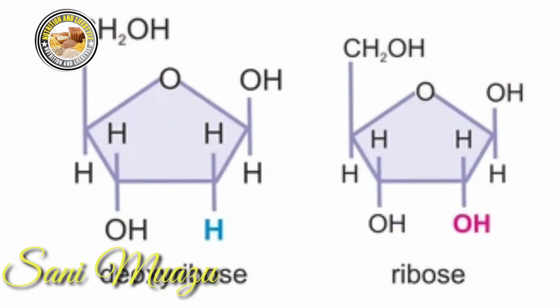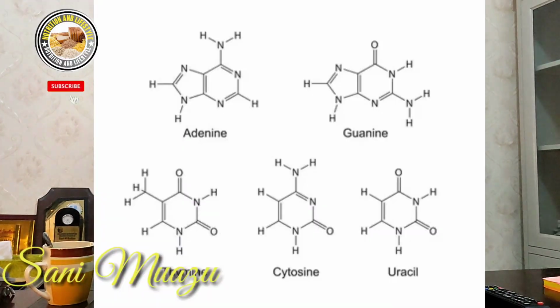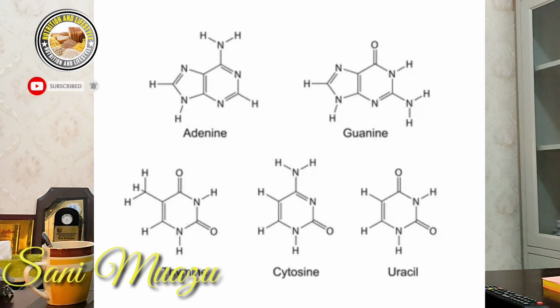This ribose sugar, which has 5 carbon atoms, when it bonds with a compound called a nitrogenous base, it becomes what is called a nucleoside.